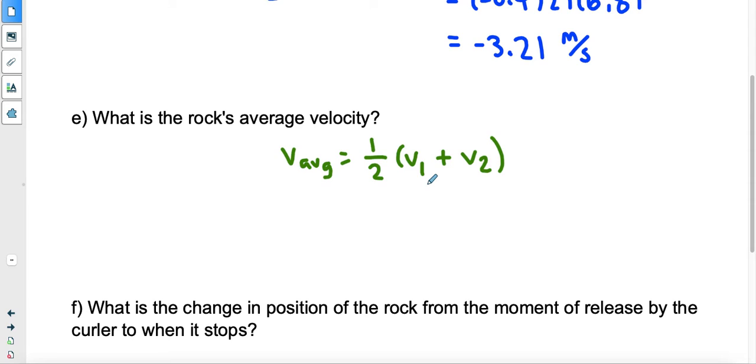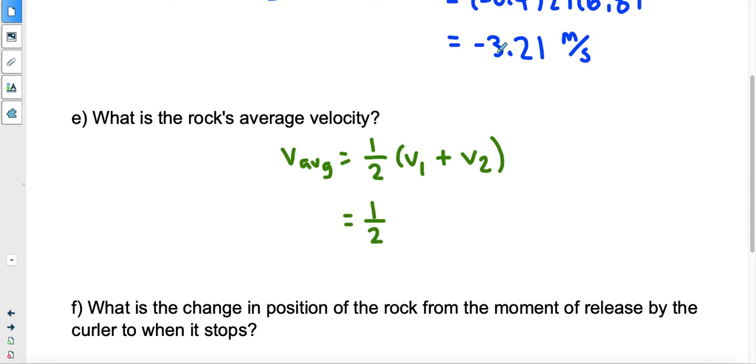This is a uniform acceleration problem, so we can use this formula for the average velocity. For the initial velocity, we know from part D that the change in velocity is 3.21 meters per second until the curling rock comes to a stop.